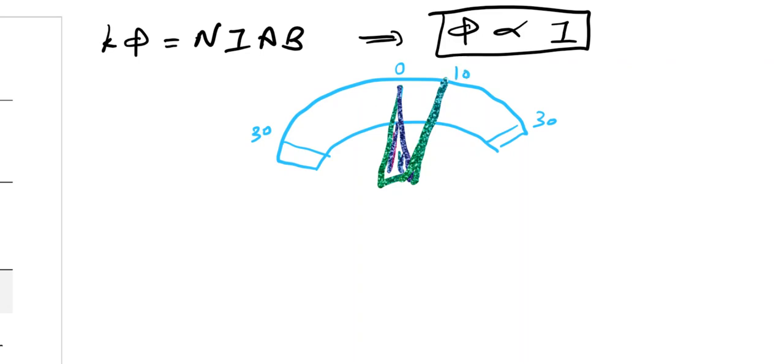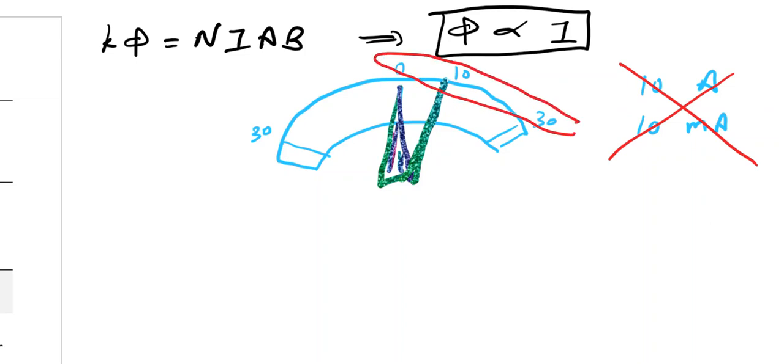Does it mean that it is 10 ampere or 10 milliampere? No, it is not meaning that it is 10 milliampere or 10 ampere, because this 0, 10, 20, 30 are mere numbers. They are just indicating that current has increased or decreased, but it is not ampere or milliampere.